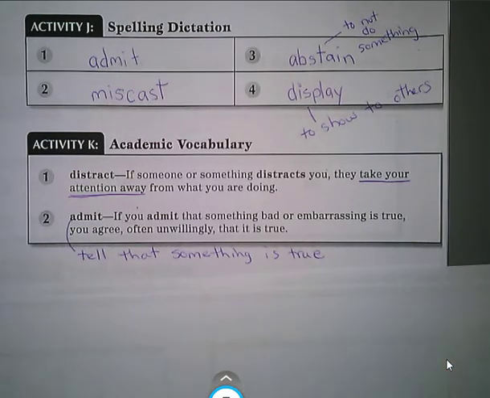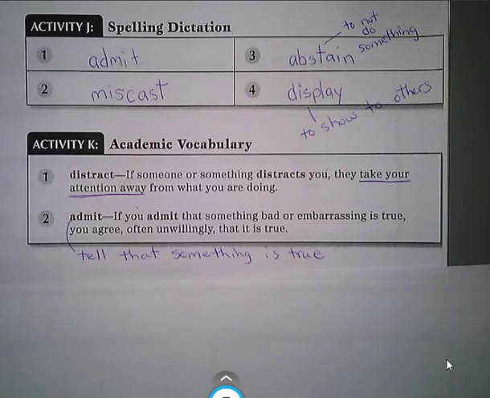Okay, I admit I am afraid of the dark. No, I'm not really. But usually when you admit something, you're telling that something embarrassing is true for you, or bad. Yes, I admit I'm the one who took your $2 without asking you. So when you admit, you tell that something is true, and it can often be bad or embarrassing.